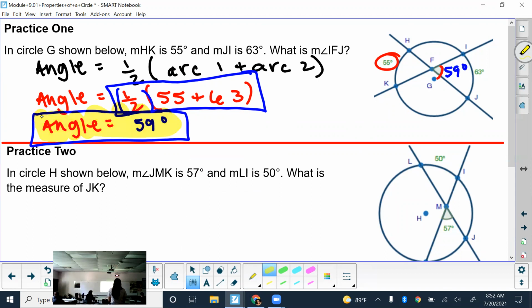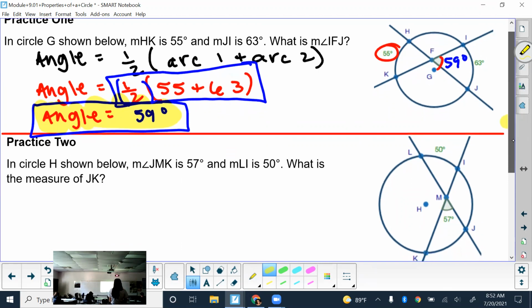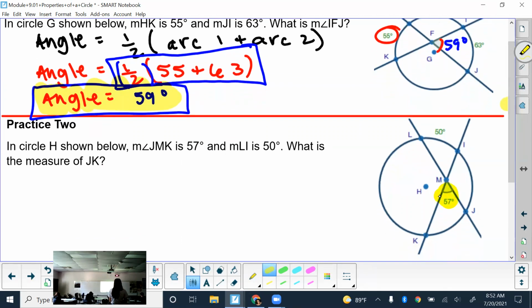All right. Practice 2, we have circle H shown. The measure of J and K is 57 degrees. And the measure of LI is 50 degrees. What's the measure of J and K? Or unknown is what this measure is.